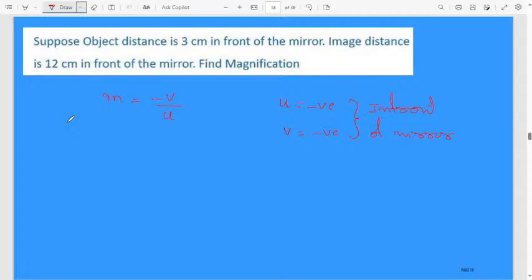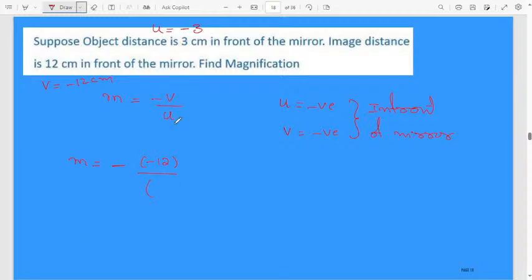Then substitute here whatever they are given. In the formula also you have a minus sign, keep that in mind. Object distance we will consider as u, and image distance will be v. Then u is minus 3 centimeter, and v is minus 12 centimeter. Already you have a minus in the formula, take that one outside. v is minus 12 because it is in front of the mirror.